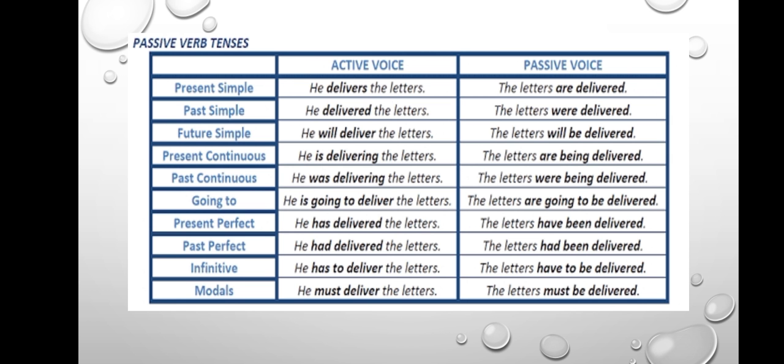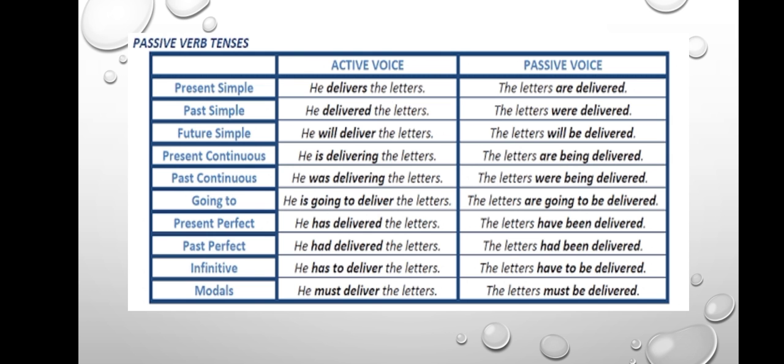So the letters have been delivered by him. In perfect tense, whether present perfect or past perfect, while making passive, after the helping verb, after the auxiliary verb, we use been, B-E-E-N, plus verb third.